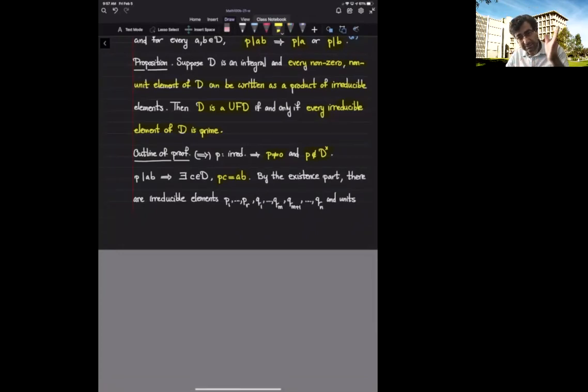Then AB is written as a product of irreducibles where one of the factors is P. Now I use the unique factorization property of this integral domain to deduce that this irreducible factor P should appear among the irreducible factors of A or B. That means P divides either A or B. So that's essentially the proof, but let's see a bit more detail.